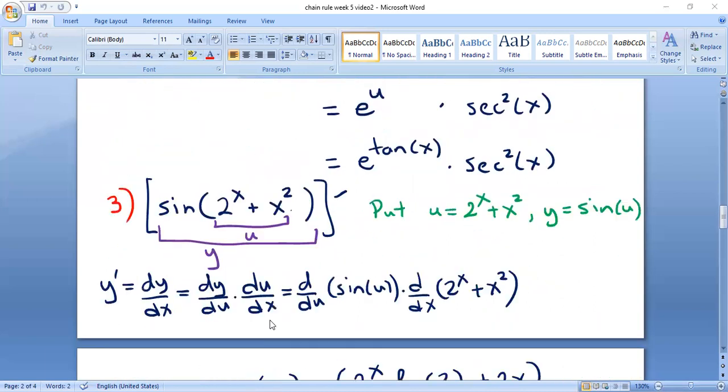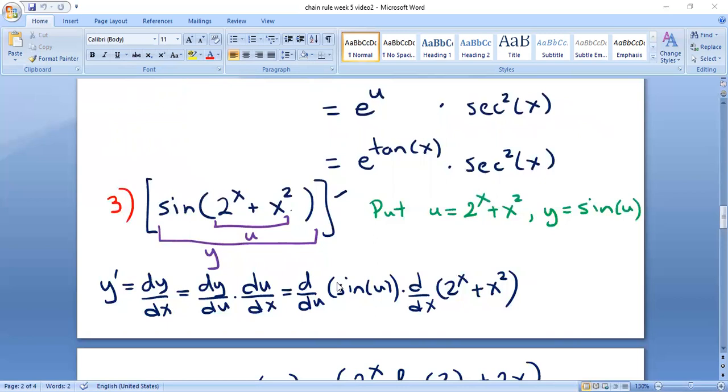And the third problem, let's say we have sine of (2 to the x plus x squared). The first function that happens to x here, the input, is 2 to the x plus x squared. So that's u. Then the second function is sine, so we call that y.